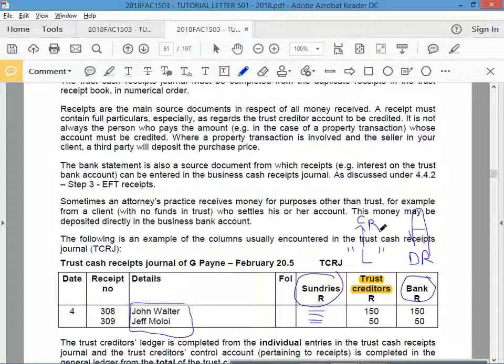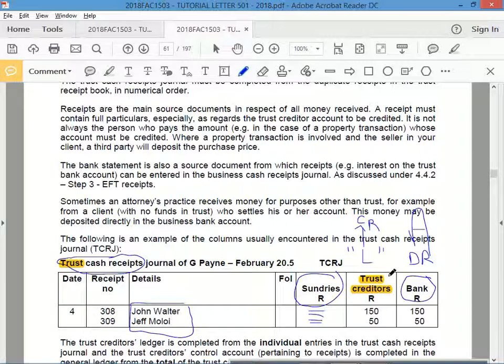So when looking at the trust creditors, what are we focusing on here? Trust cash receipts journal. If it's the trust cash receipts, it's the client's account and it's the client's receipts. So anything that takes place here is the client's, basically. So it's not yours, it's the client's.